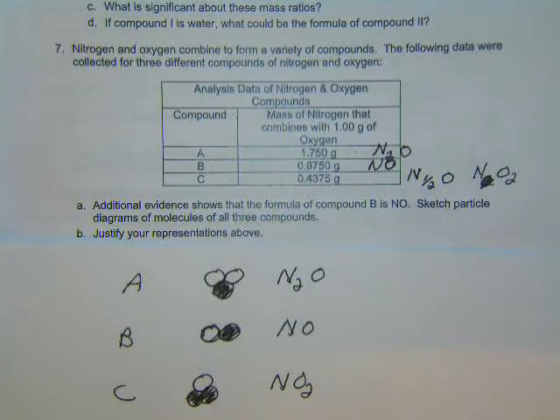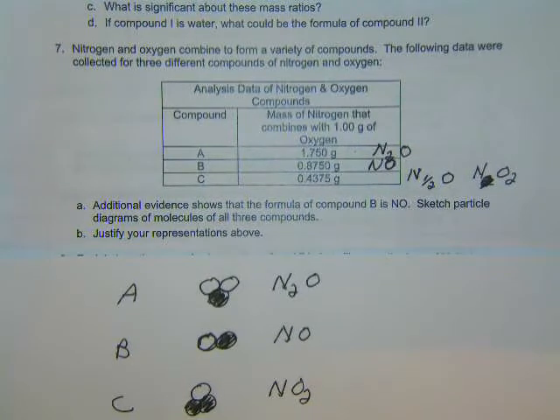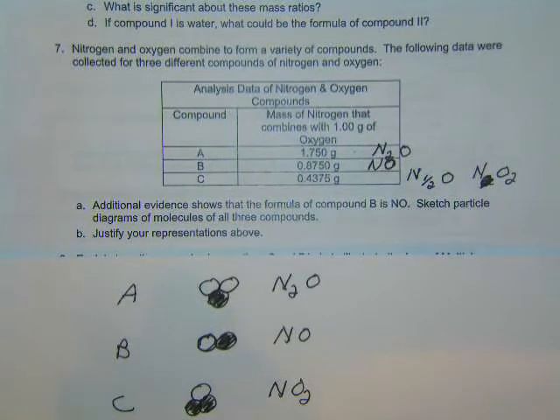It says explain how the examples in 6 and 7 help illustrate the law of multiple proportions. And again, you're always looking at whole number ratios. So for number 8, you always want to look for whole number ratios.